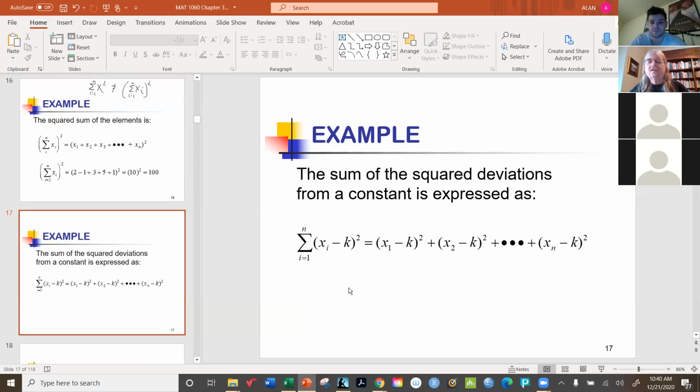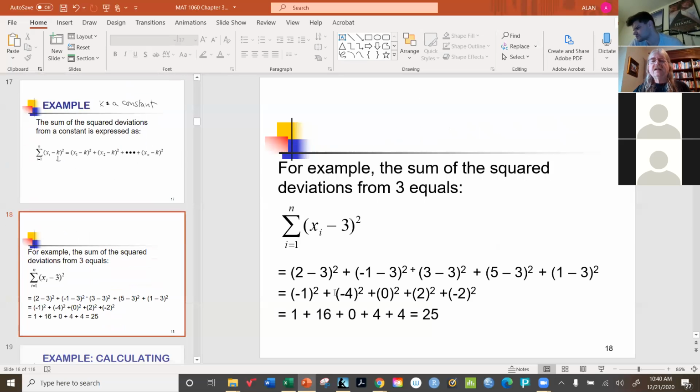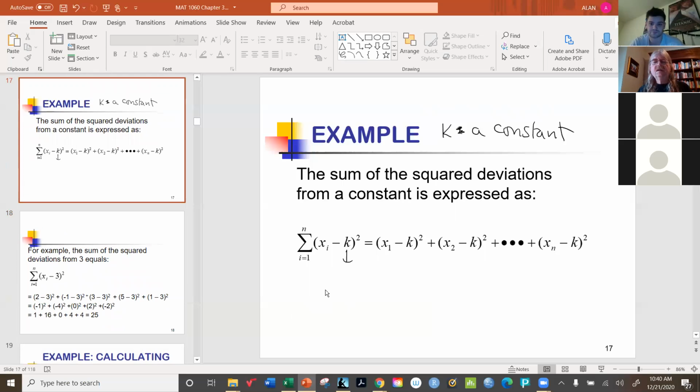Now this one is very complicated, but we're going to need it later on in this chapter. There are 3 parts going on here. I have to subtract the k. The k is a constant, by the way. It doesn't matter what it is. It's just some constant. And I have to subtract that from each element in my sample.